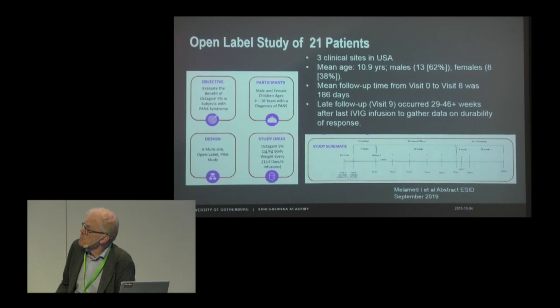And the mean follow-up time is about half a year. And you see the schedule down here, how it's given. It's a screening phase, then it's given every third week, 1 gram per kilo for 6 months.